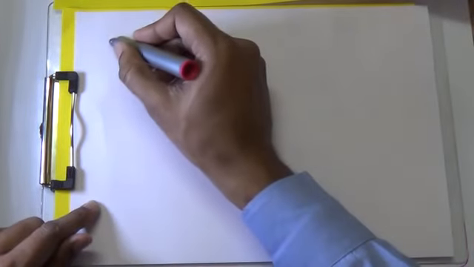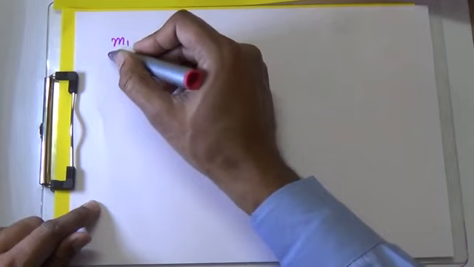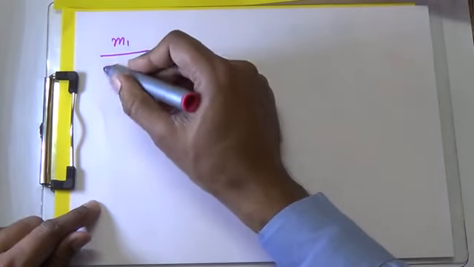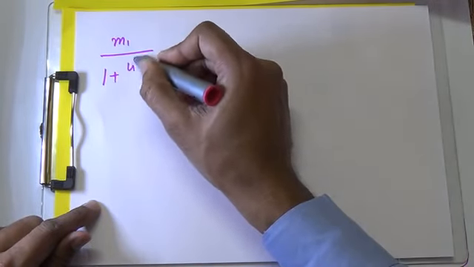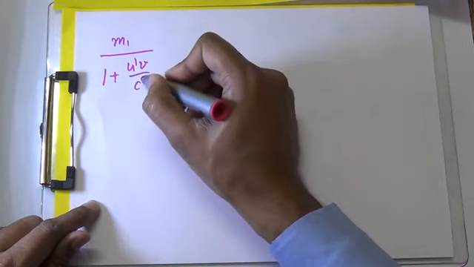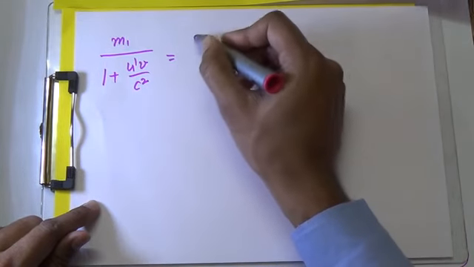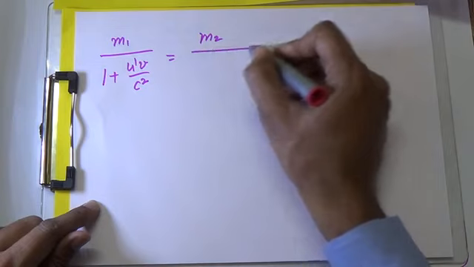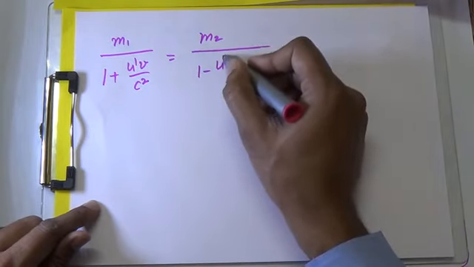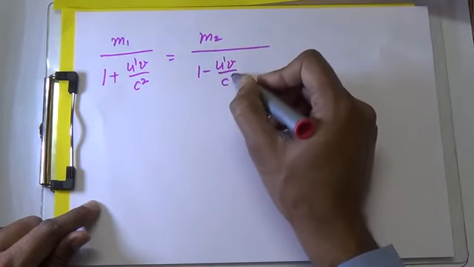Now m1 upon this 1 plus u prime v upon c square is equal to m2 upon 1 minus u prime v upon c square.